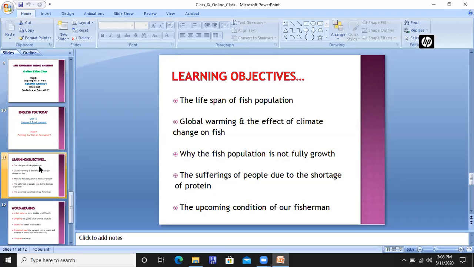Then the sufferings of people due to the shortage of protein. And the last one is the upcoming condition of our fishermen. So all these are the learning objectives of this text.